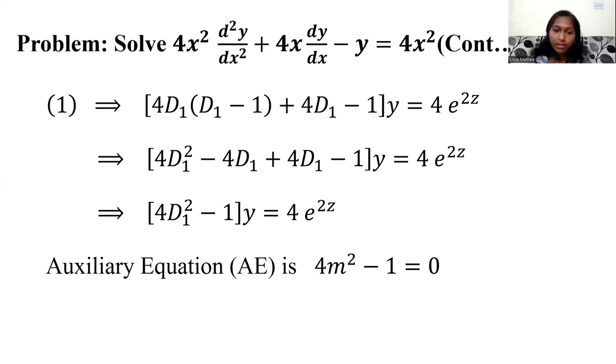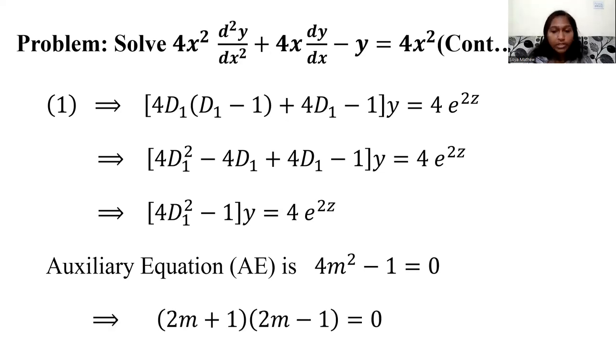For that, the auxiliary equation from the LHS expression can be written as 4m squared minus 1 equal to 0. We just replace D1 by m.